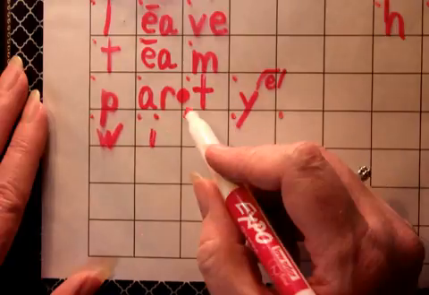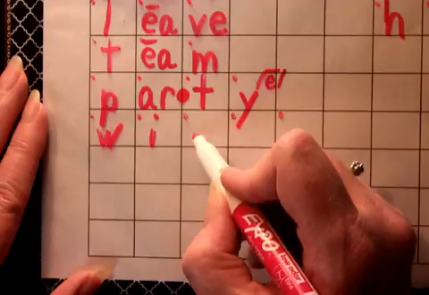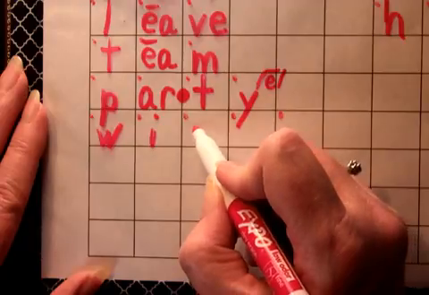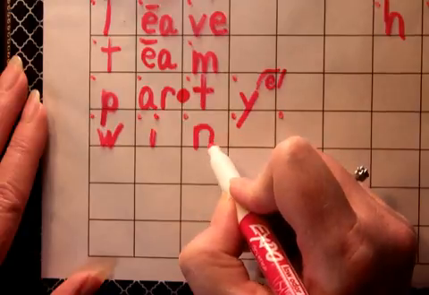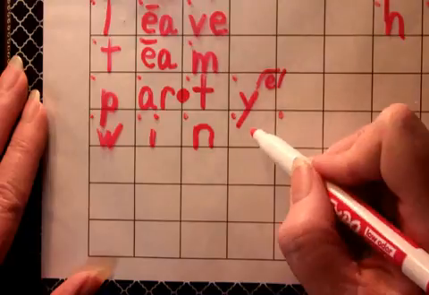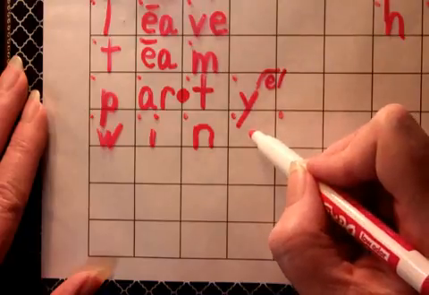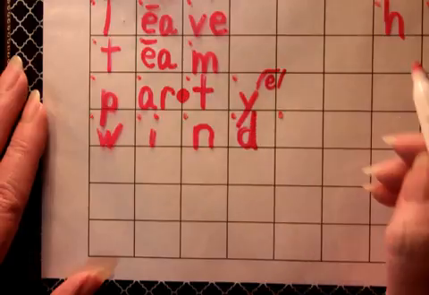I. My tongue is up. My lips are open. It's the N. Start in the middle of the box. Go down. Come back up. Swim over and touch the writing line. Win. D, d, d. That's the drum sound. The drum sticks out in parade, up to the top, down and bump.